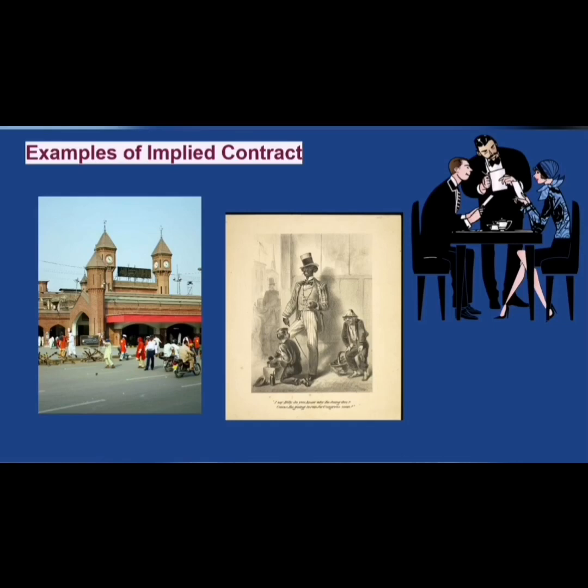When you are at a railway station, a coolie comes to you, picks up your luggage, and you allow him to do so. Your conduct allows him to do so without speaking, without asking why he is picking up your luggage.